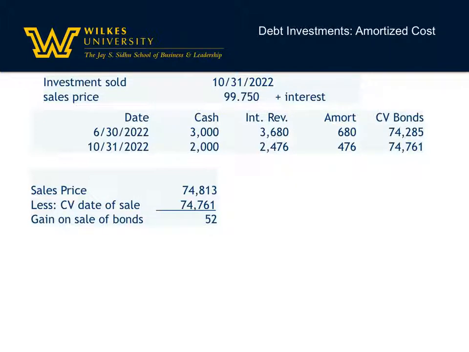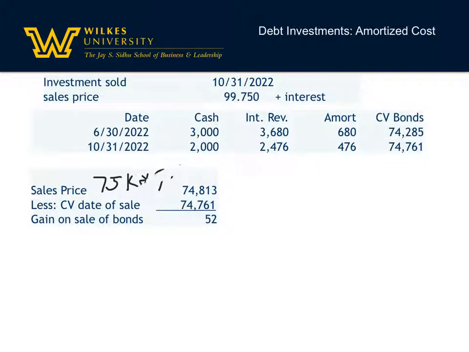So we also need to figure out how much gain or loss there is on the sale. Well, if we've got a value of $75,000 and we sold it for 99.75%, then we receive $74,813 for the investment.